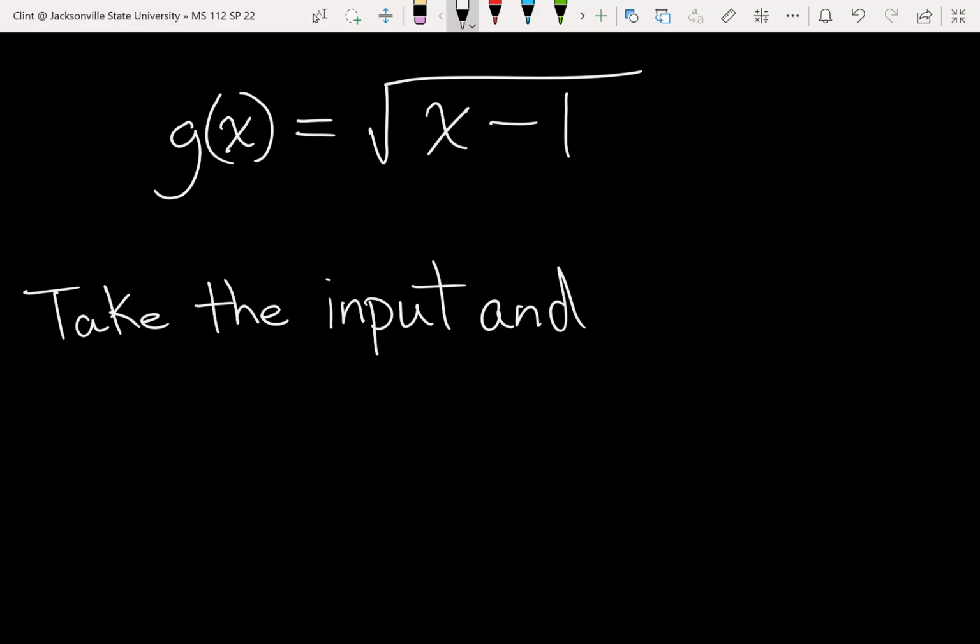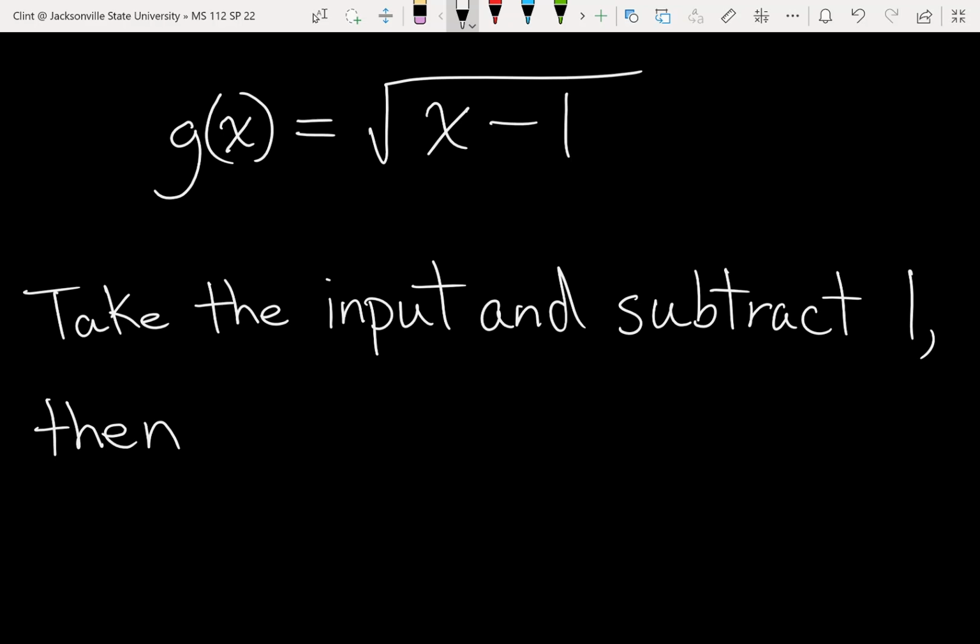And what's the first thing that we would do to our input value on this one? We would take the input, and then that's x, right? And then what do we do with it first? Subtract 1. Then, once we subtract 1 and get that answer, what's the next thing we do? Take the square root.